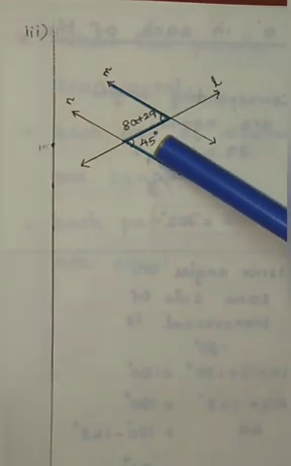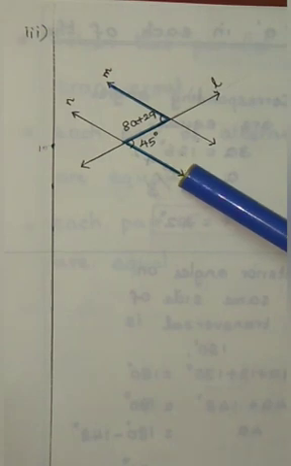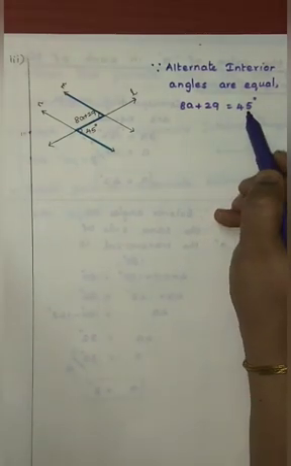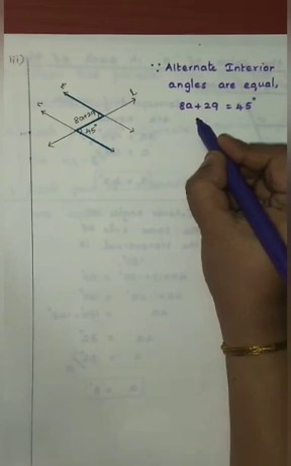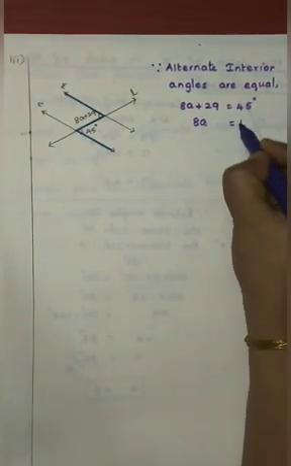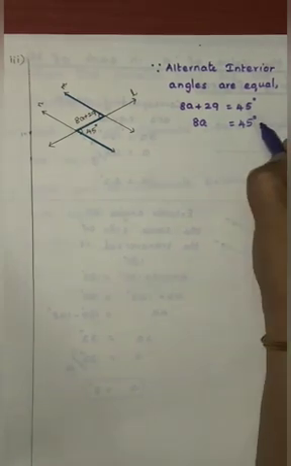Third subdivision. Here the given two angles are alternate interior angles. We know that they are equal. So 8A plus 29 is equal to 45 degrees. Now take this 29 to the other side, so it has to be subtracted.